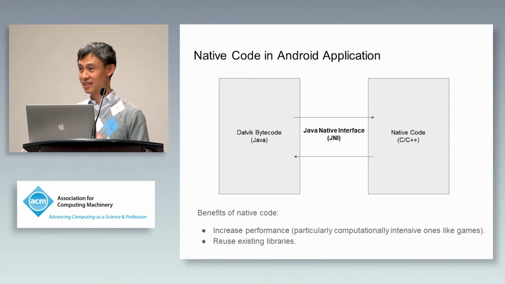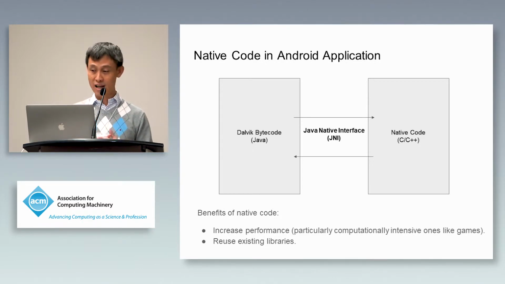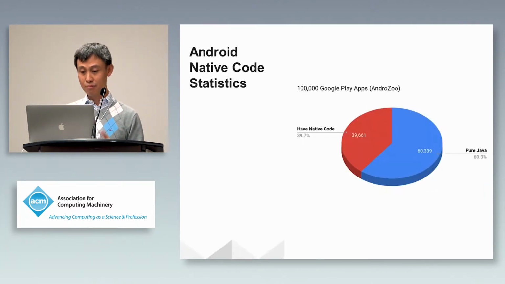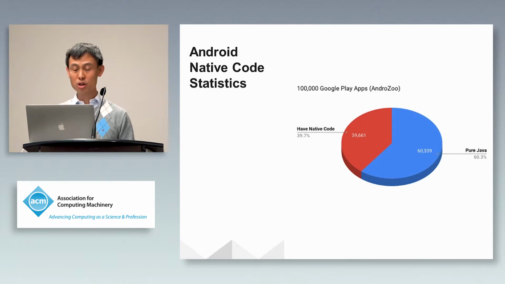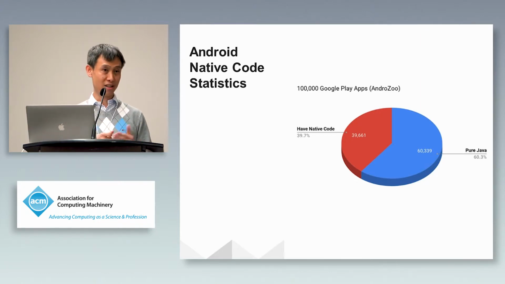So how prevalent is native code use in Android applications? We did some very basic statistics from two types of data sets. One is the 100,000 Google Play apps that we got from Andrew Zhu, which is a project that crawled a large number of Google Play apps. These apps are predominantly benign apps, because we all know Google Play has a very low rate of malware.